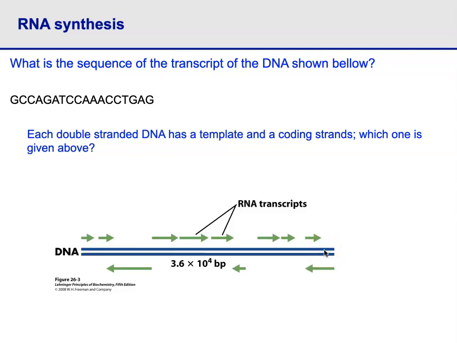So in order for you to know the sequence of the transcript, you need to know the direction of the expression. If you're given a sequence like that, that means that the direction is this way, 5' here, 3' here, because DNA is always given in 5' to 3' unless otherwise specified.